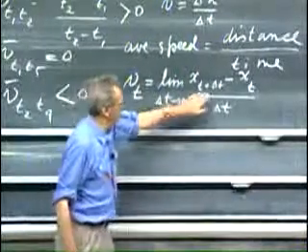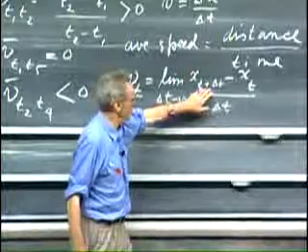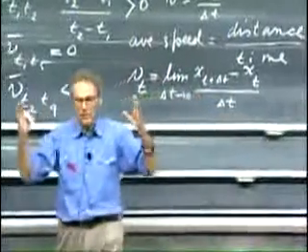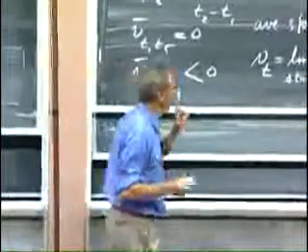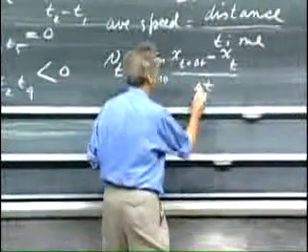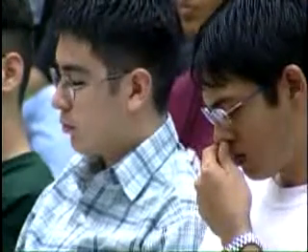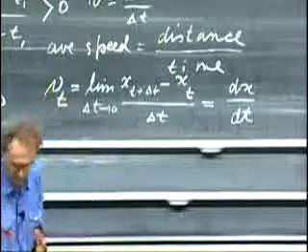So think of this as being t3 and this as t2. I bring t3 closer and closer and closer to t2, and the time between them then goes to 0. And this is something that you undoubtedly recognize. That's the first derivative of the position versus time.